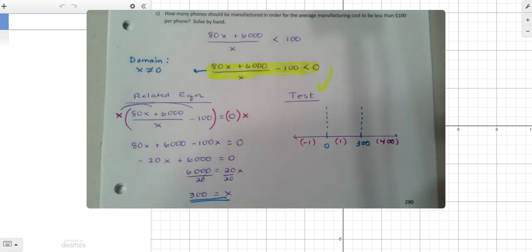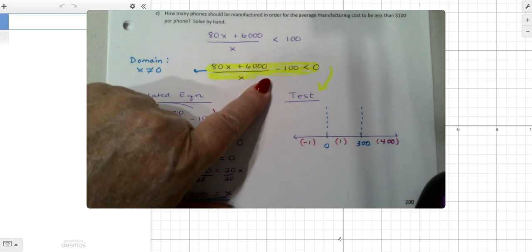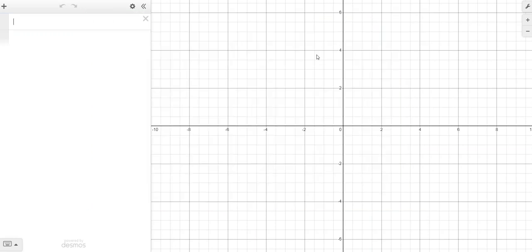I'm going to go ahead and put that function right there into Desmos, minus 100.